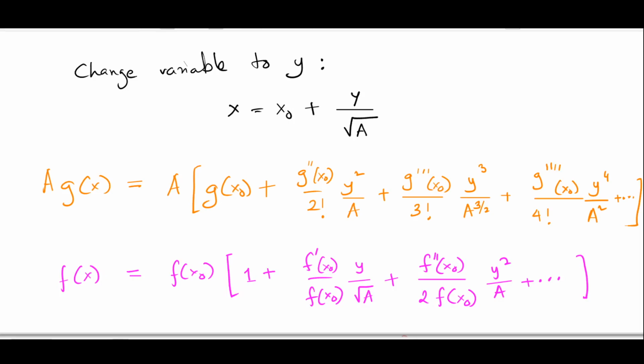We can easily expand f of x out in the Taylor series. This is absolutely trivial, and f of x of course does not have a maximum or a minimum necessarily at x equal to x0, so the first derivative may or may not vanish.